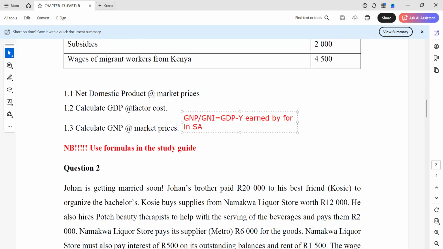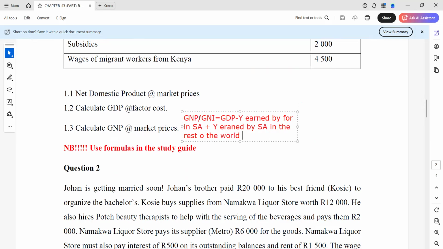And then we add the Y for income which is earned by SA citizens in the rest of the world. So we subtract the income which is earned by foreigners in SA, plus income earned by South African citizens in the rest of the world, right?